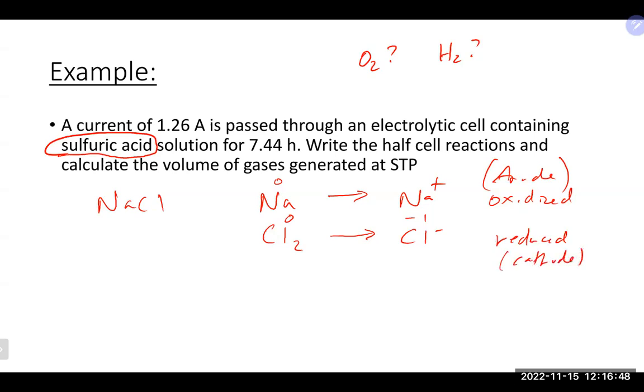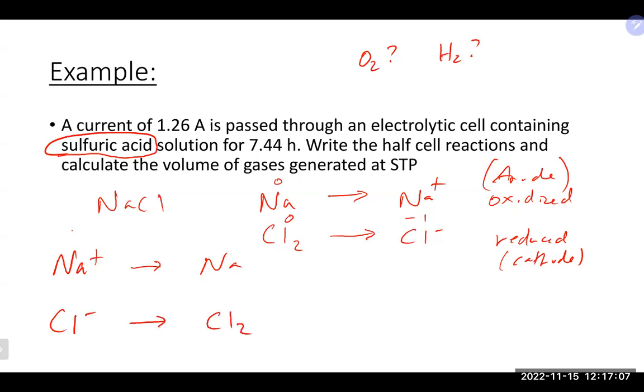But in an electrolysis process with sodium chloride, we're actually doing the opposite reactions in each case. We're starting with sodium with a plus charge and making molten or solid sodium, and we're starting with chloride with a -1 charge and making chlorine.